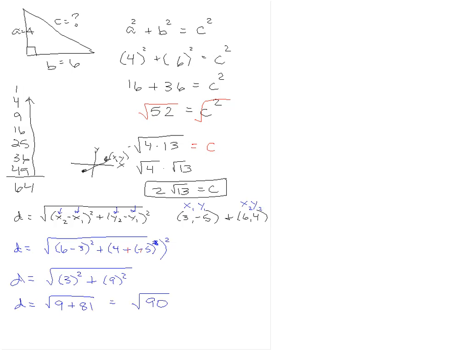I don't think so. 16? 16 times 5 is 80. 36? No. Nope. So that's as far as you can go. Square root of 90, you can't reduce it at all. Okay? All right. Now on to 8.4.